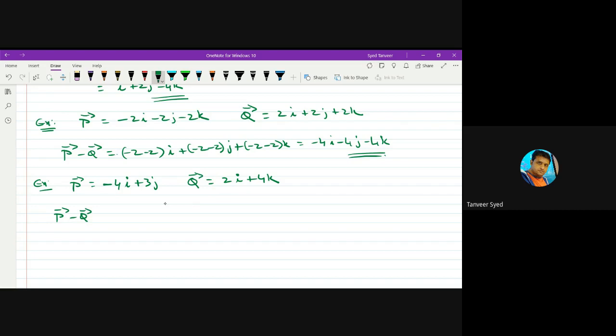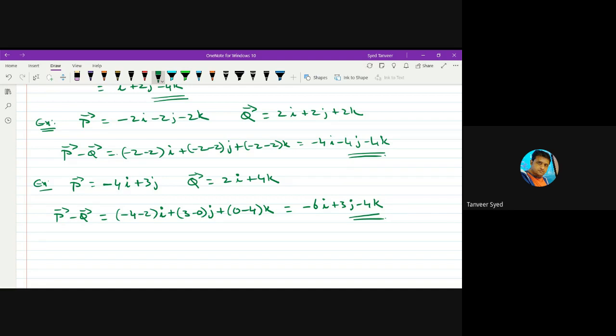Vector P minus vector Q: minus 4 minus 2 i plus 3 minus 0 j plus 0 minus 4 k. That gives minus 6i plus 3j minus 4k.